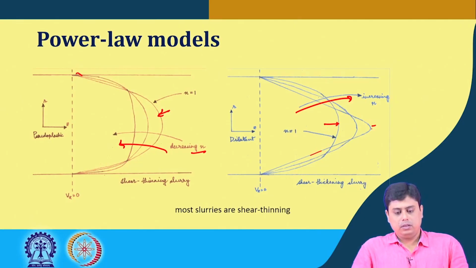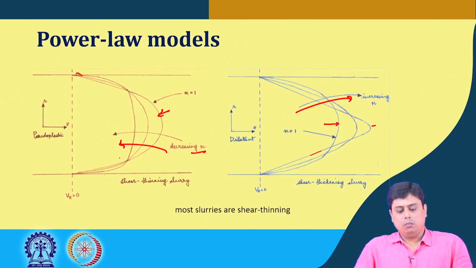So this becomes the flow pattern of the slurry according to its rheological characteristics. If it behaves as a shear thinning liquid, it falls in this category. If it is a shear thickening fluid, it goes in this category.